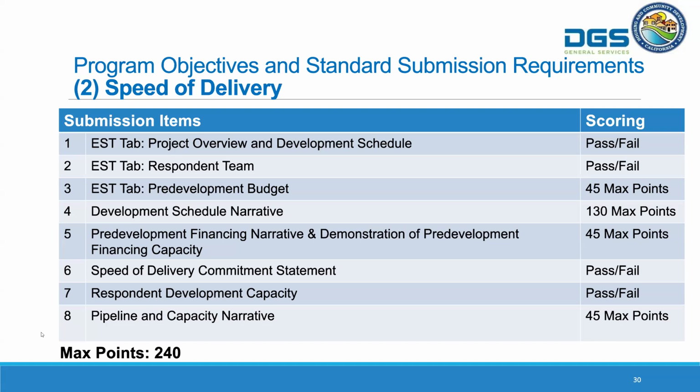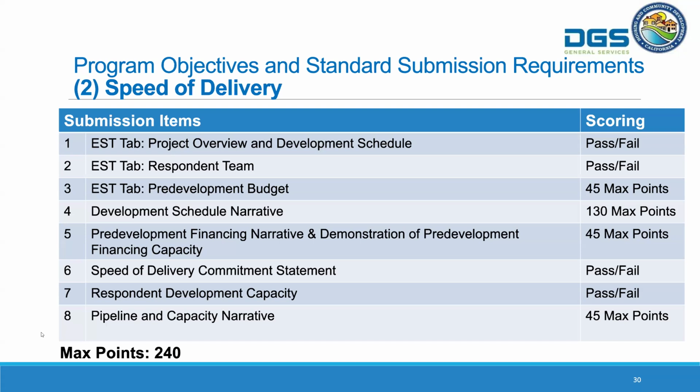Pipeline and capacity narrative, though, is 3 pages or less, confirming that you have adequate capacity and procedures or plans in place in case of changes in staffing to maintain appropriate staffing levels on the project. And I think that covers it for the speed of delivery items. I'm going to go in more depth on a couple of them in the coming slides.